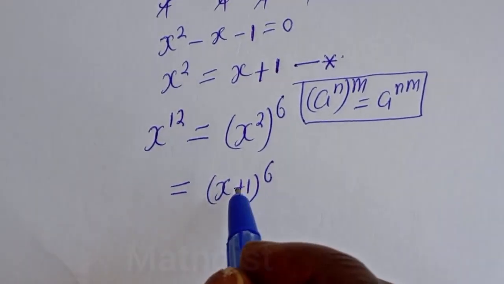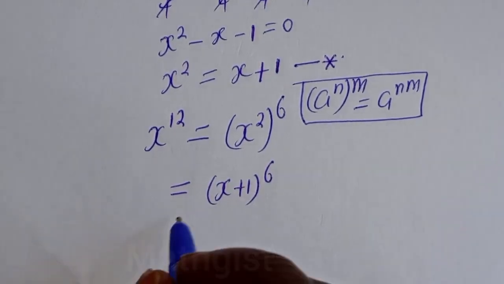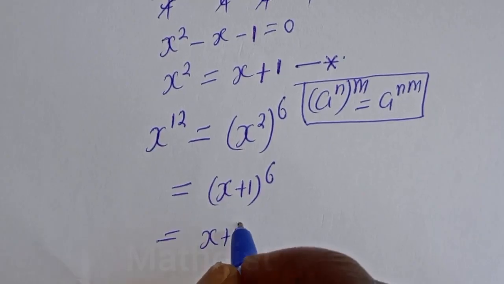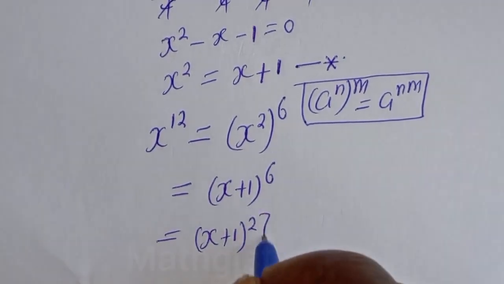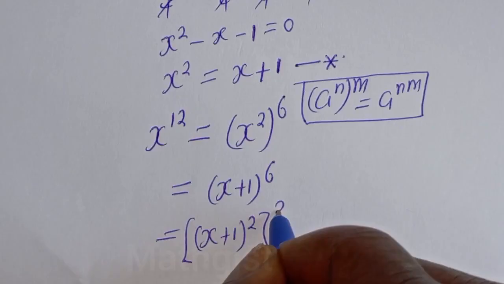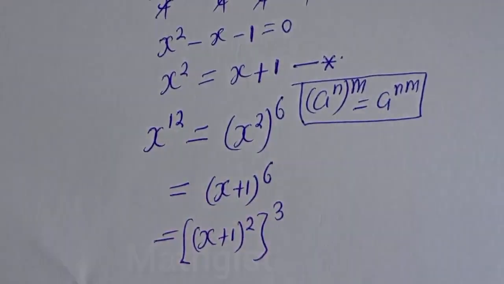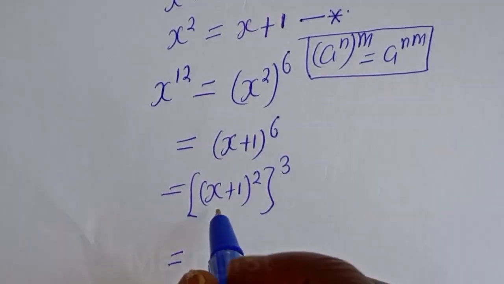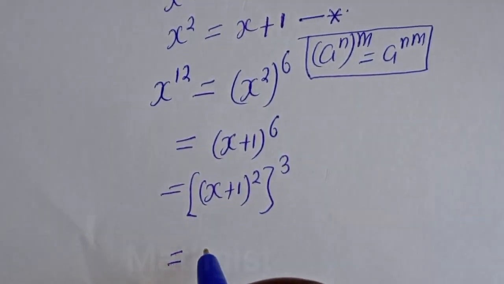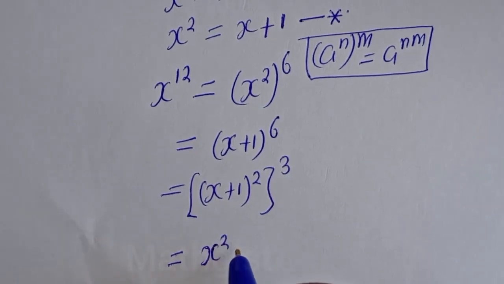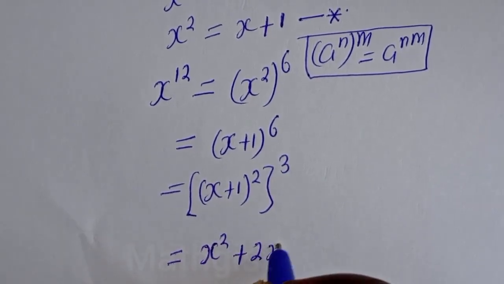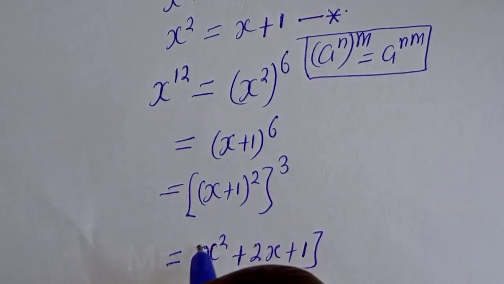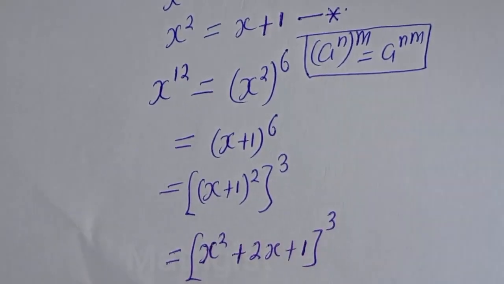Also, (x + 1)⁶ can be written as ((x + 1)²)³ from this same rule. And this is equal to (x² + 2x + 1)³.